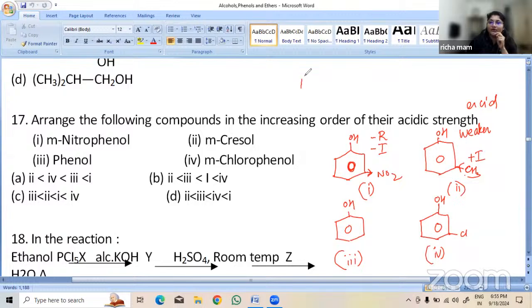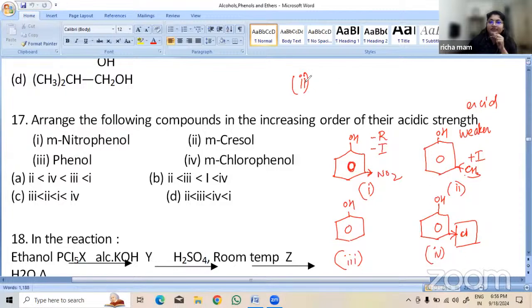So when you compare, first will be metacresol. Now, when you see chlorine as compared to your phenol, chlorine will show both types of effect. It will show plus R effect, and it will show minus I effect. But the minus I effect will be more, because it is an electron withdrawing group. So it will withdraw the electron towards itself. So this chlorophenol is more acidic than the phenol.